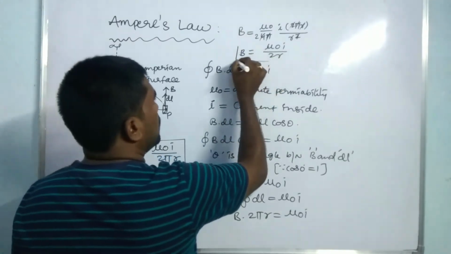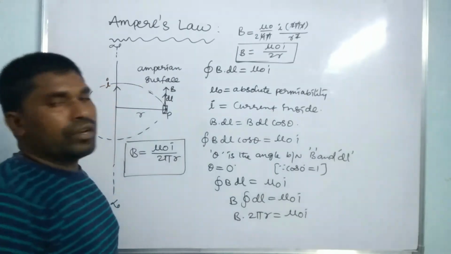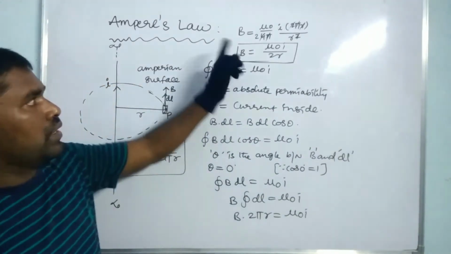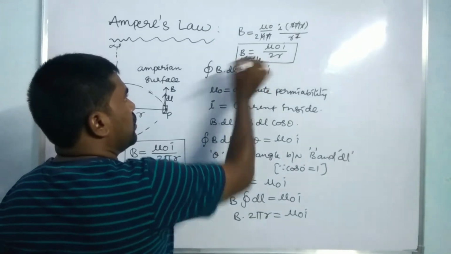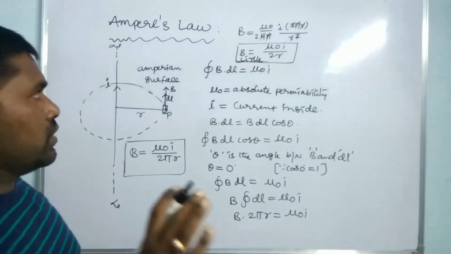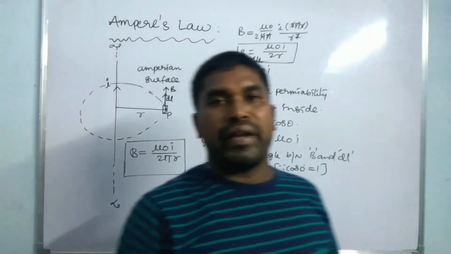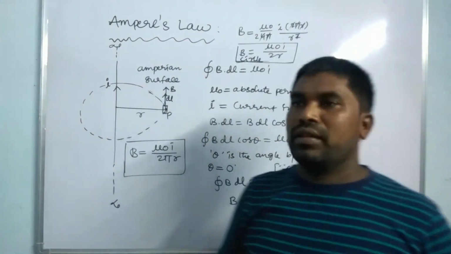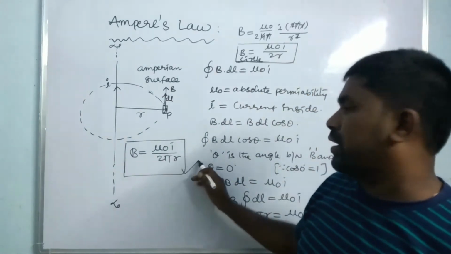So this is the circular coil. You should not be confused. For the center of the circular coil, how much is the magnetic field according to the Biot-Savart law? It is mu naught I by 2r only. This is 2 pi r, so this is the straight wire.